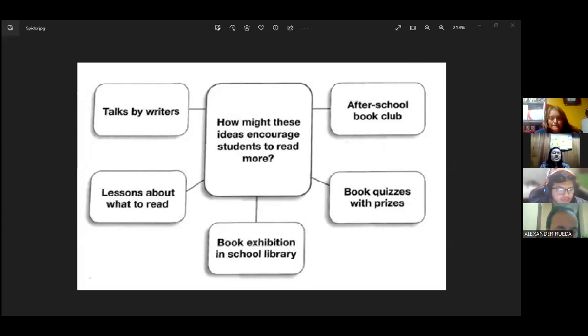Okay, I want to mention that where I live, people are not in the habit of reading, and when they are adults, they can take the initiative to read, but it's already complicated. So something that will help prevent this is to give lessons about what to read. For example, in school, the teacher gives the students the activity of reading a book, for example, The Little Prince, and then the teacher gives them a lesson from the book.